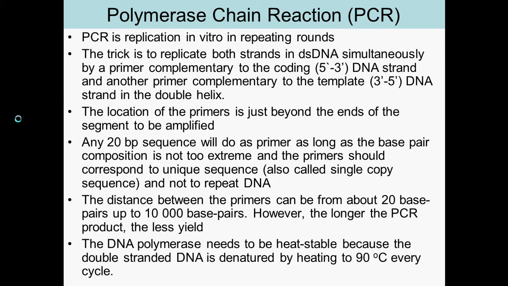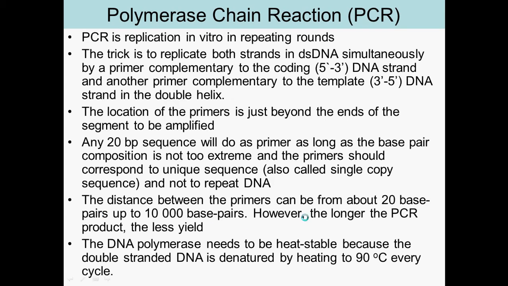And the primers are 20 base pairs long, and you can PCR sequences, PCR meaning you can exponentially enlarge the DNA using PCR. So the PCR fragment can be from 20 base pairs to 10,000 base pairs, but if the base pairs are bigger, the less yield you're going to get.